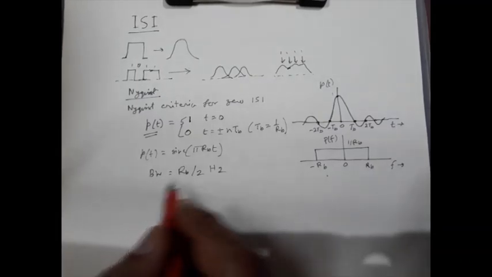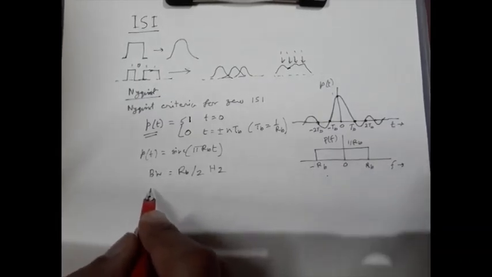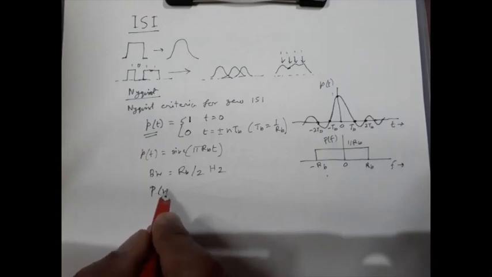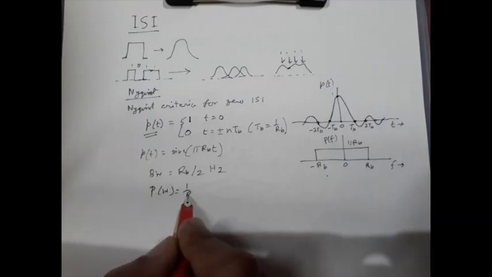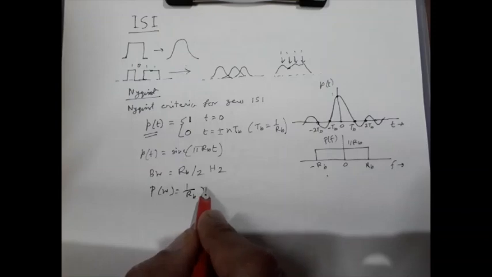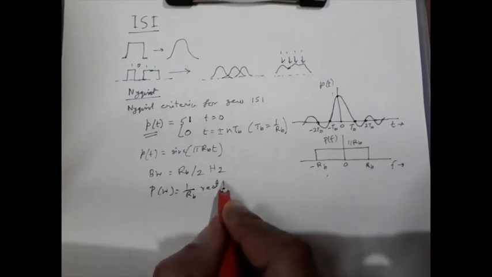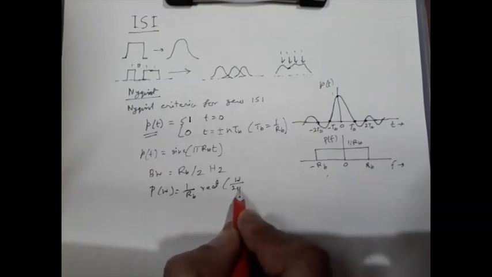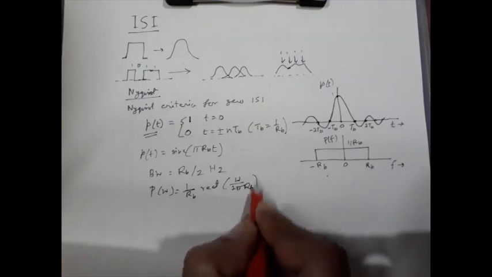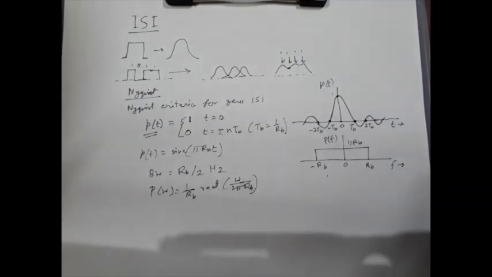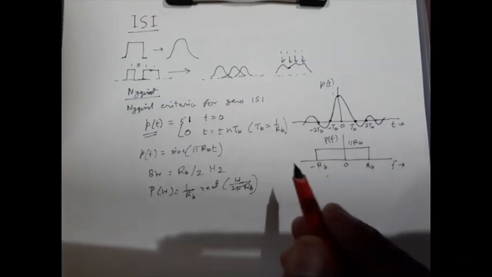And this rectangular pulse can be written as 1 by RB omega by 2 pi RB. So this pulse satisfies the Nyquist first criteria that we have already discussed.